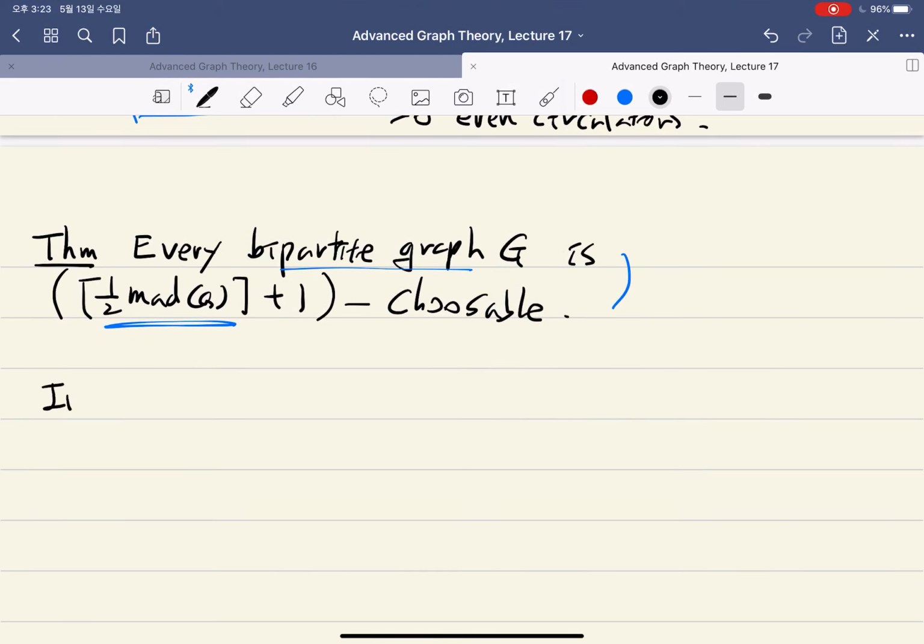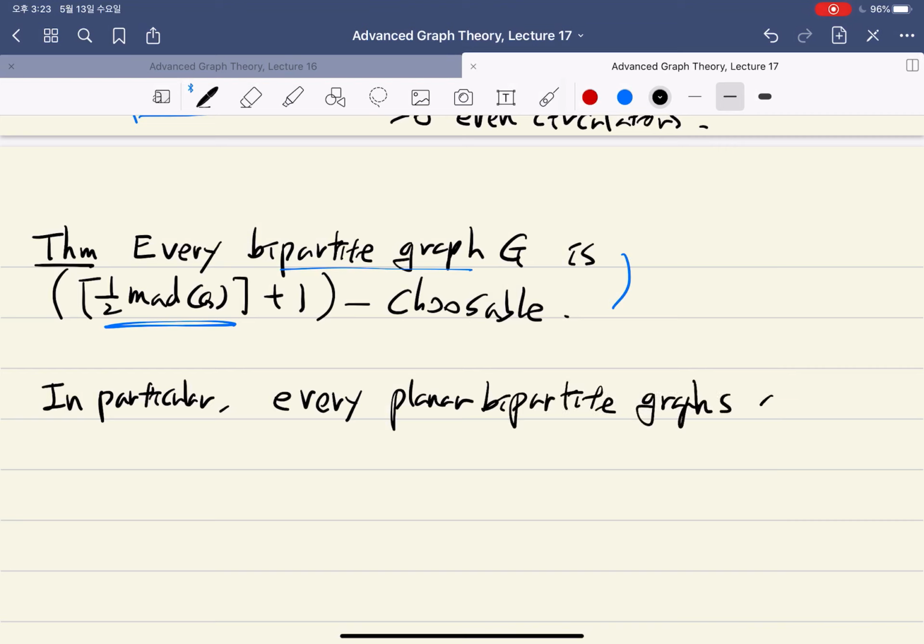In particular, this shows that every planar bipartite graph is choosable.